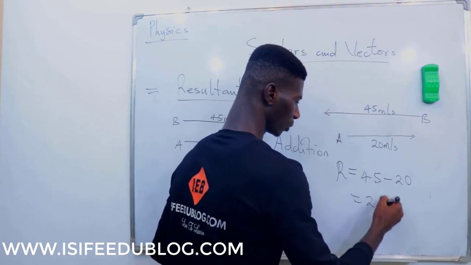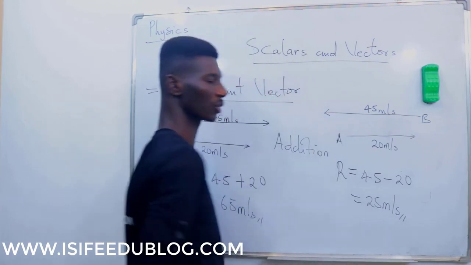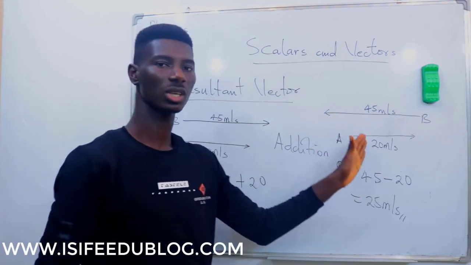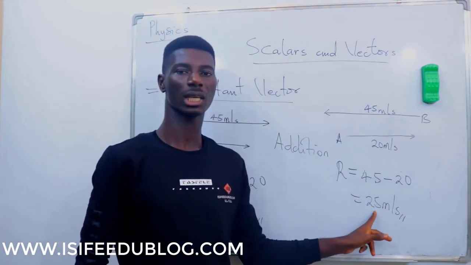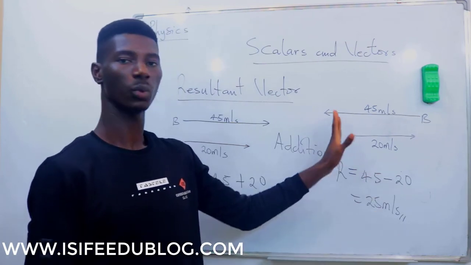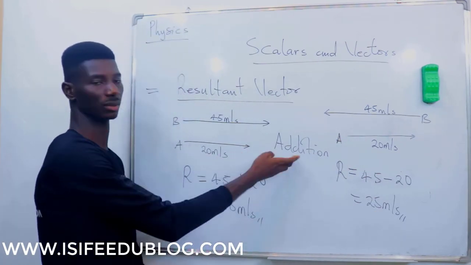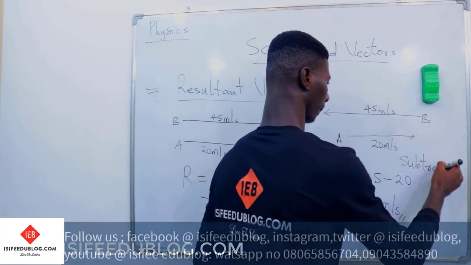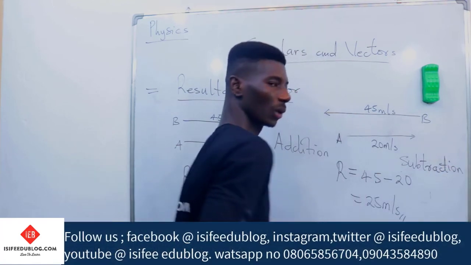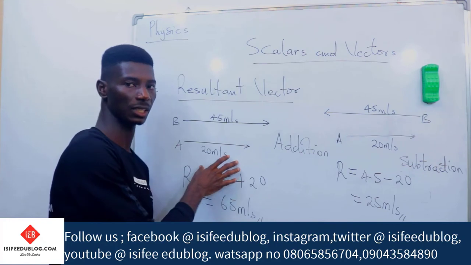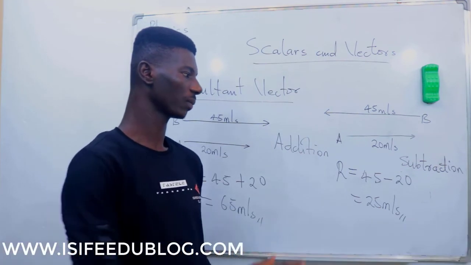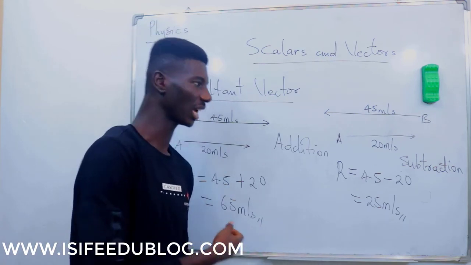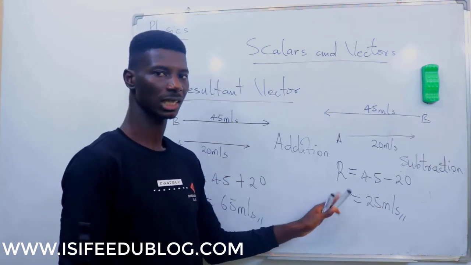That gives us 25 meters per second. So when vectors are moving in opposite directions, you subtract to get your resultant vector. But when vectors are moving in the same direction, addition occurs. So we have subtraction here, while we have addition here. I believe with this explanation, there is no problem in knowing when we add to get our resultant vector and when we subtract to get our resultant vector.